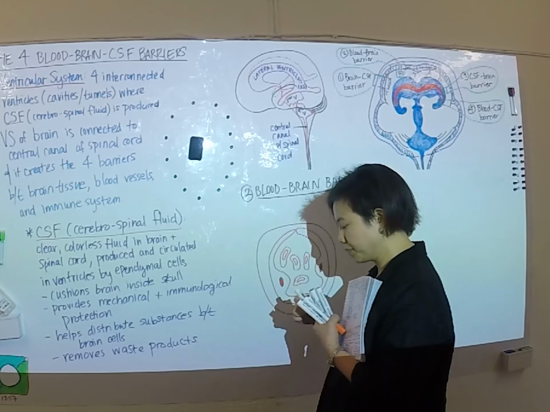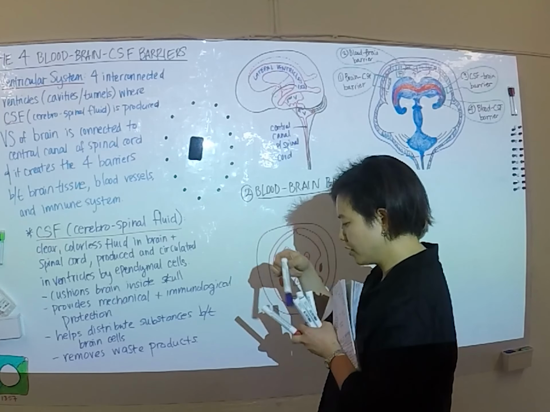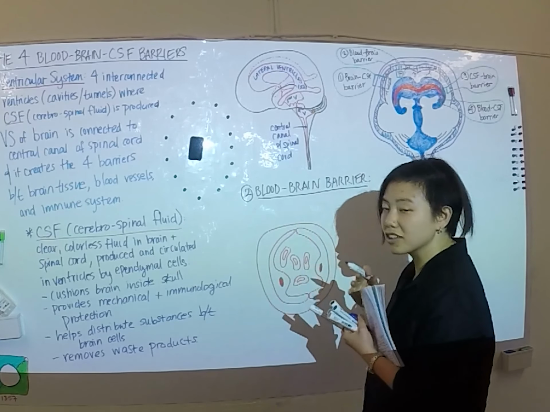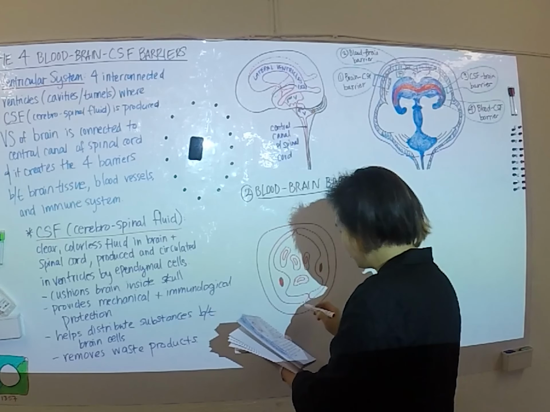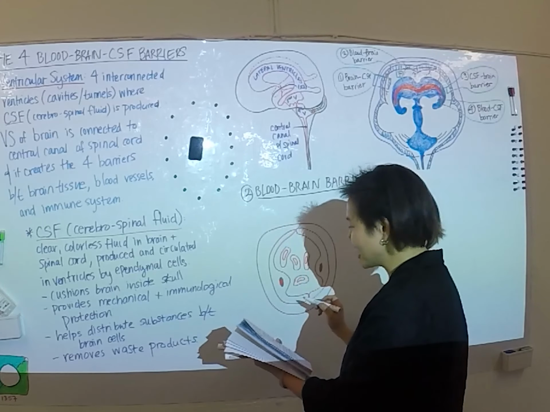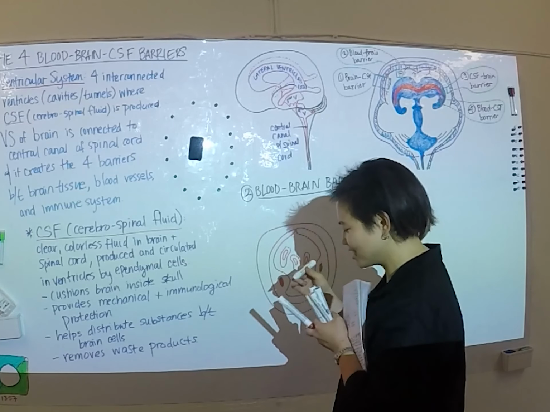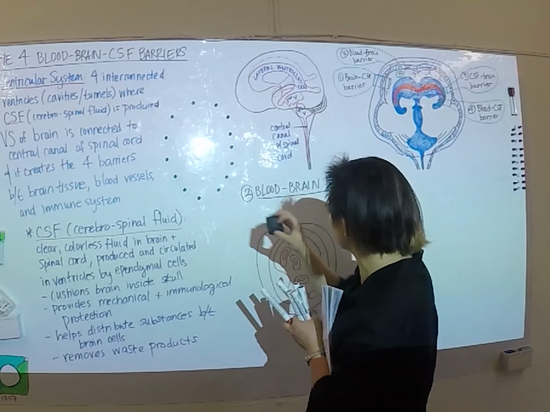Then, also in the walls of these blood vessels, we've got pericytes. Not parasites, but pericytes.